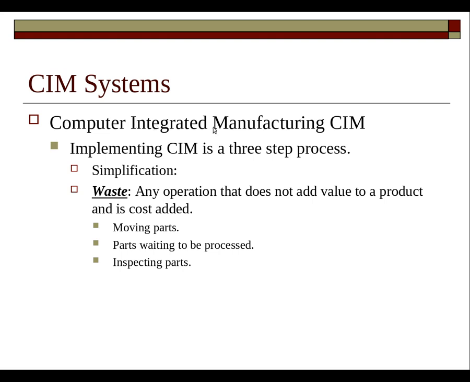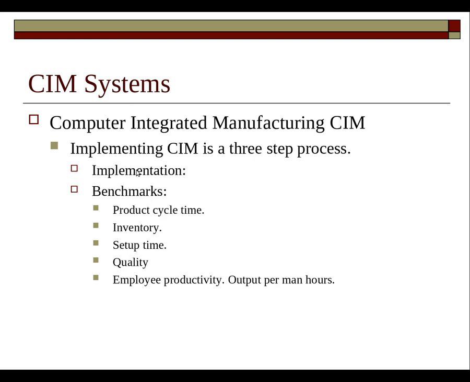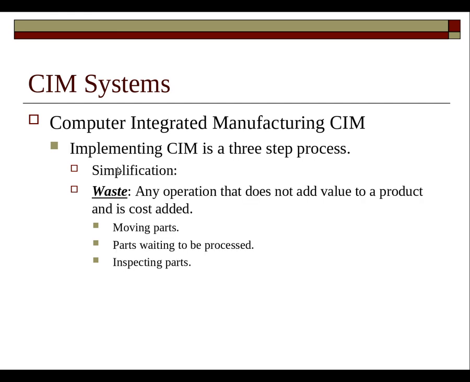All right. So after we've done the assessment, then we want to perform simplification. So we've looked at what we're doing, and before we try to implement some kind of automation or CIM, we want to remove as much waste out of what we're doing now as possible.